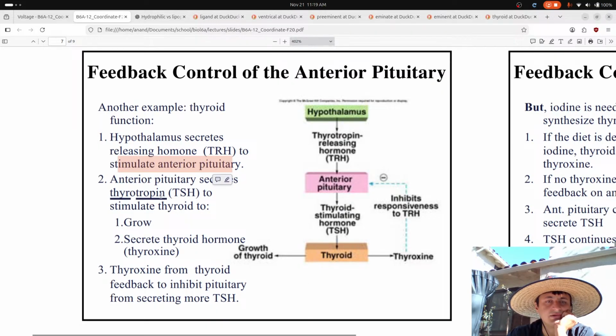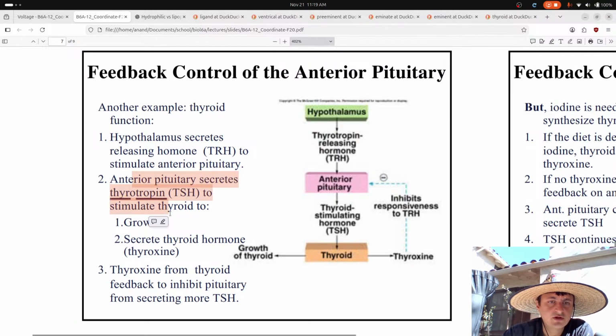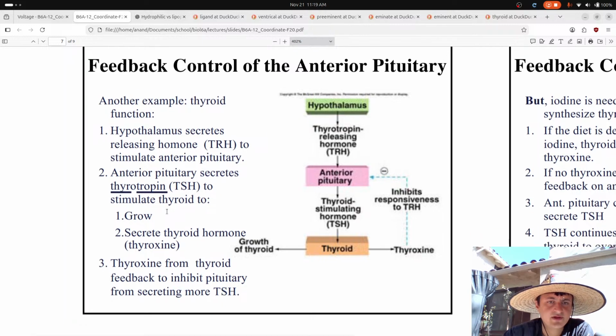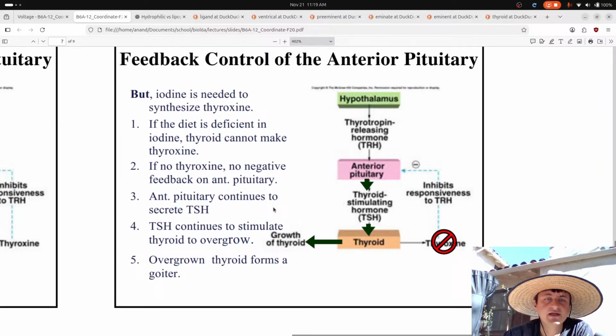The anterior pituitary secretes thyrotropin to stimulate the thyroid to grow and secrete.